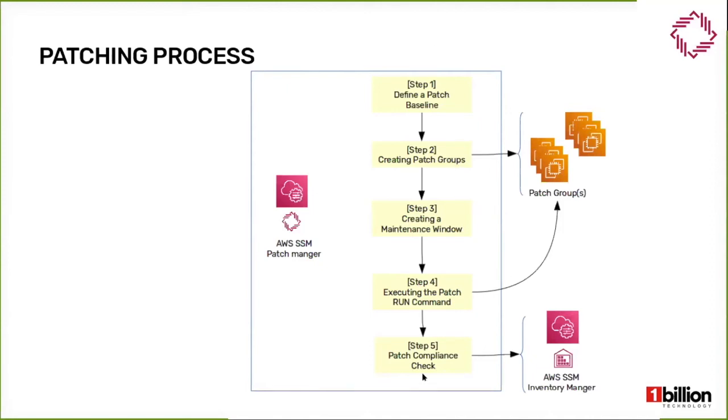Finally, once the patches are done, it will automatically forward it to inventory. Inventory makes sure that all patches are compliant. Sometimes patches can break. So the compliance section will make sure your patches are up to date or not. Otherwise, it will give errors. You can go to the inventory and see what the errors are. So this is the patching process, basically.